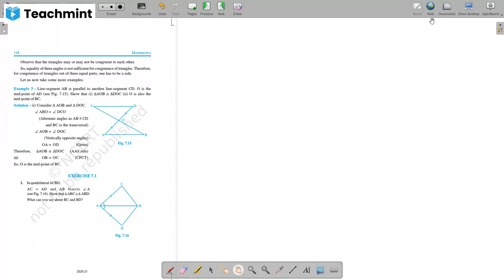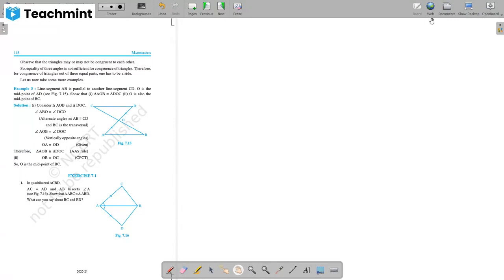You'll find that they are not congruent, and you will find the reason also: angles are equal but sides are different. So we should have one side to prove the triangles congruent.